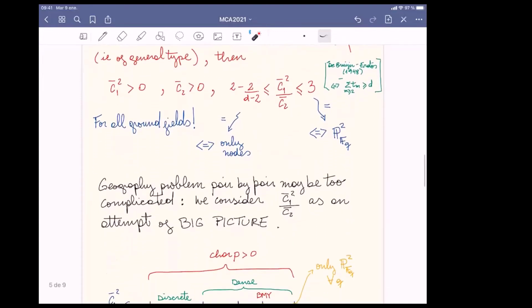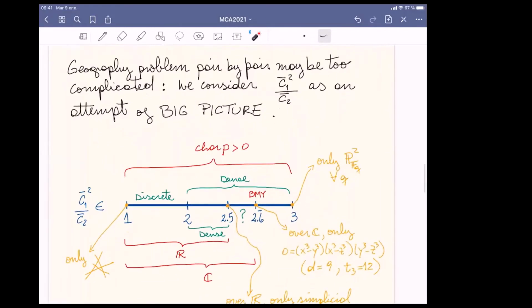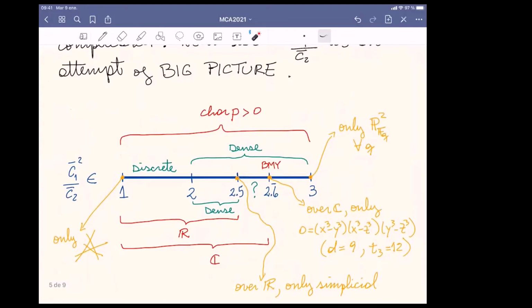Okay, so this is the big picture. Let me explain. As I said, these numbers move between 1 and 3 in any characteristic. So this is the interval that is allowed for line arrangements. In characteristic p, you really can move from 1 to 3.